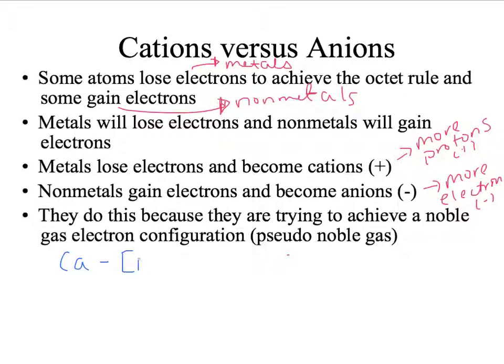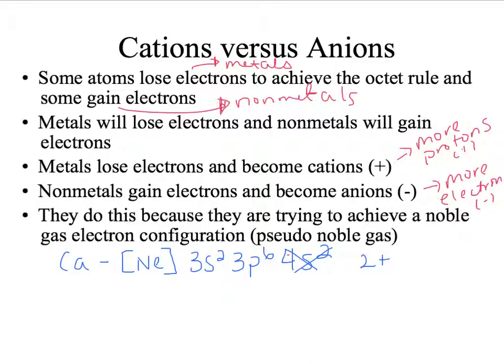It would be neon, 3s2, 3p6, oh I guess I could have abbreviated that, argon, that's okay, 4s2. So what this element, calcium, is going to do, if you look at your colored periodic table, it's going to lose 2 electrons. Understanding where it's going to lose those 2 electrons, right there, it's going to lose those 2 and it's going to have a 2+ charge.